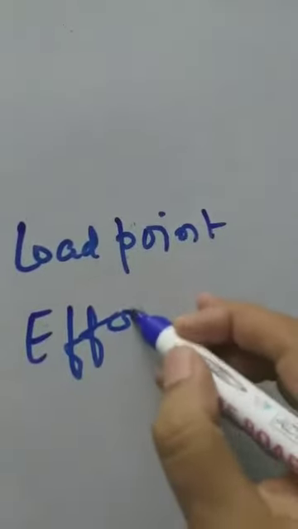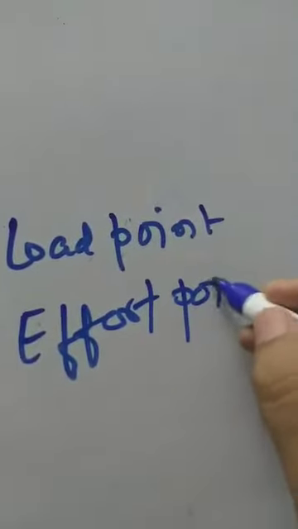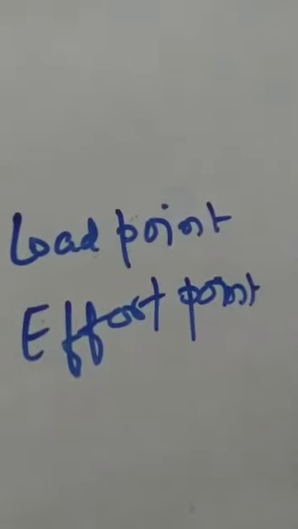Then the next part I am telling you: when you apply the load, on a particular point of the machine the load is applied, so that is called the load point. And the place where you apply the effort is called the effort point. Then when you apply the effort, the load point gets displaced.